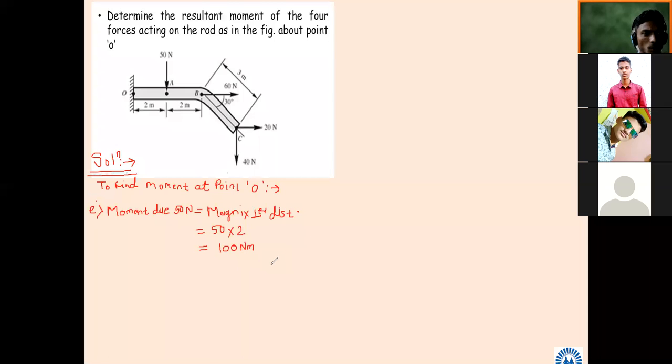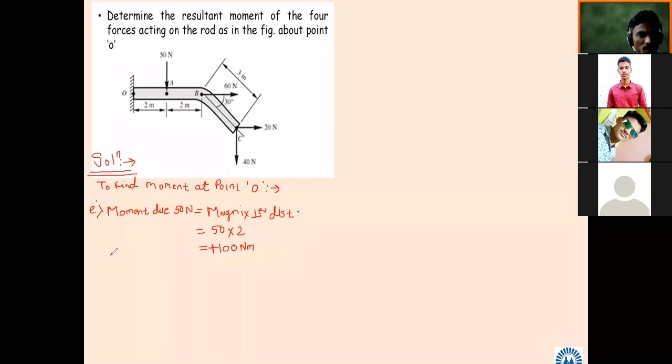Why? Because if point O is fixed and force is applied, you can imagine point O is on your left hand side and the 50 Newton force is applied. So how will this object rotate, clockwise or anti-clockwise? Clockwise. So what sign will come here? Positive. So is there any problem in the 50 Newton force?